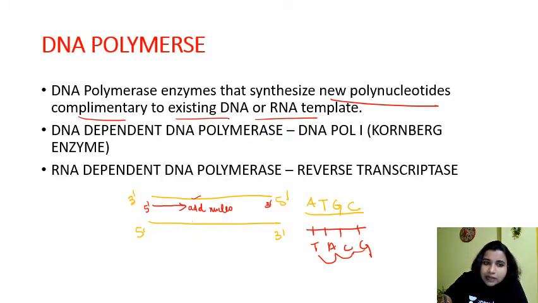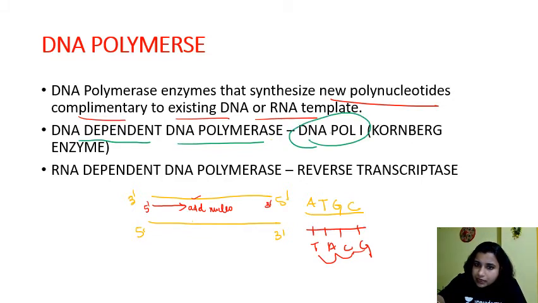DNA polymerase is DNA dependent DNA polymerase, and DNA pol-1 is also known as Kornberg enzyme, since it was discovered by the scientist Kornberg.